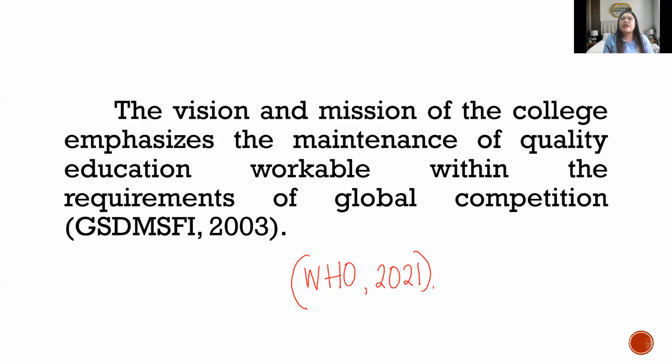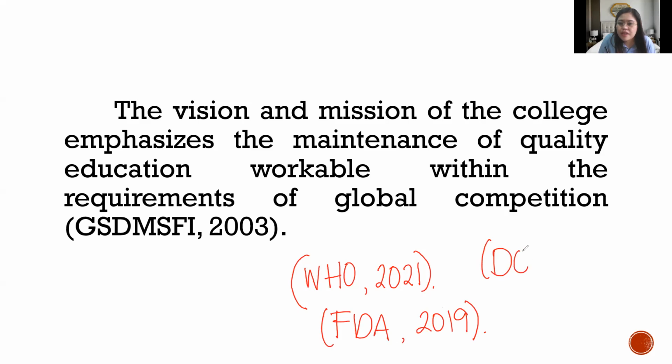That's the same thing for other websites sa mga organizations like the FDA. So FDA 2019 period. Or kung gikan siya sa DOH, so that's the same thing. Department of Health, 2020, and then period.